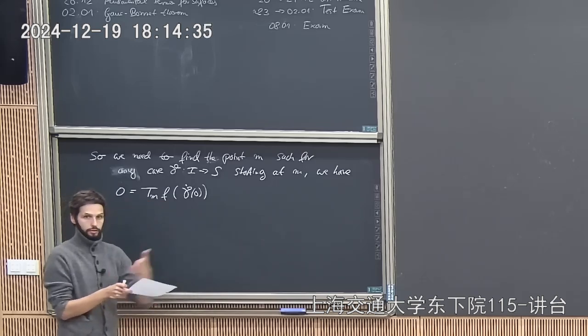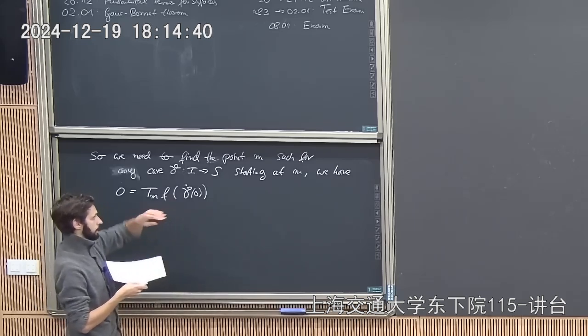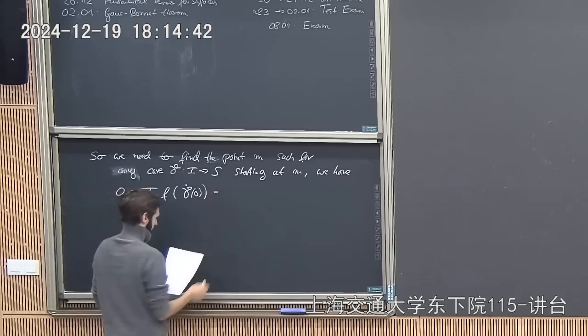So whenever you change f slightly in whatever direction, you get 0, so that you're in a minima or maybe in an extrema, more generally.